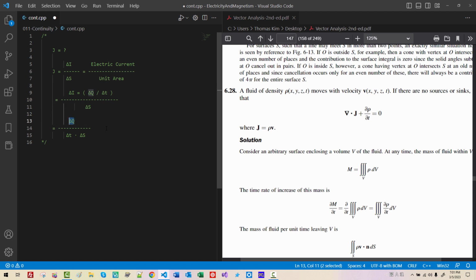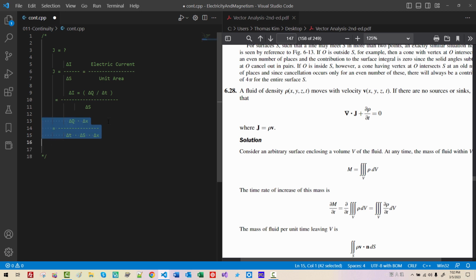Our charge delta Q moves delta X distance in delta T seconds. We multiplied the distance delta X in the numerator, so we should also multiply delta X in the denominator.